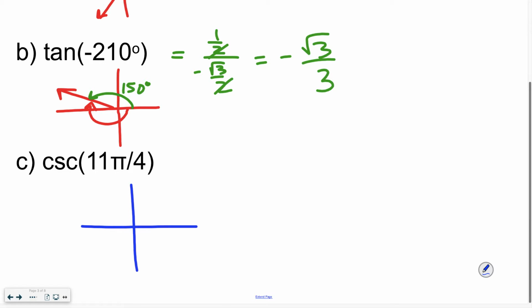11 pi over 4. That's like more than one time around, right? So we go one time around, and then how much more? Just before. Right here? Yeah. So it's just under 3 pi. So it's the coterminal angle with 3 pi over 4. Okay? Cosecant is the reciprocal of sine. Okay? Eli, what is the sine at this angle?